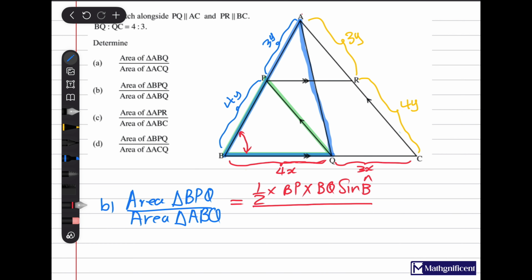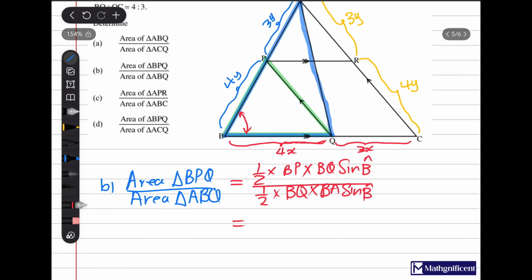Then for the second triangle, we have half times the other adjacent side of the other triangle. We can use BQ, and the other adjacent side there is going to be BA. Then we write sine of angle B as well.